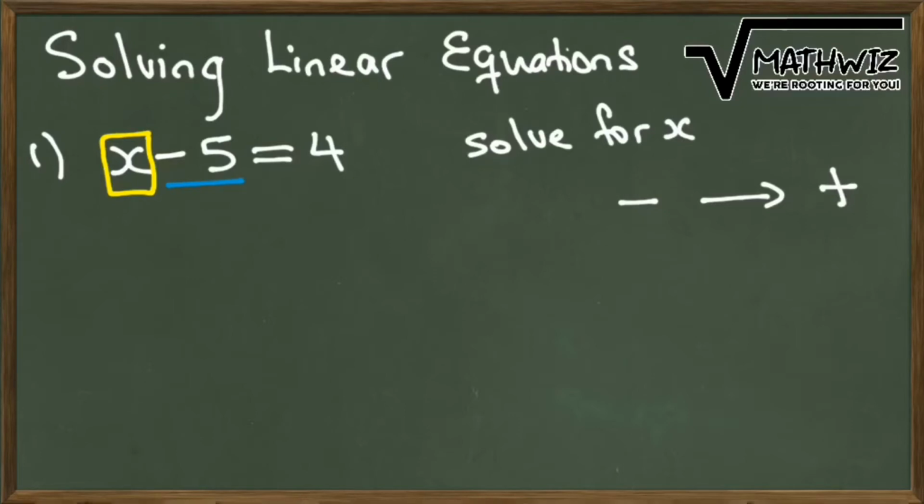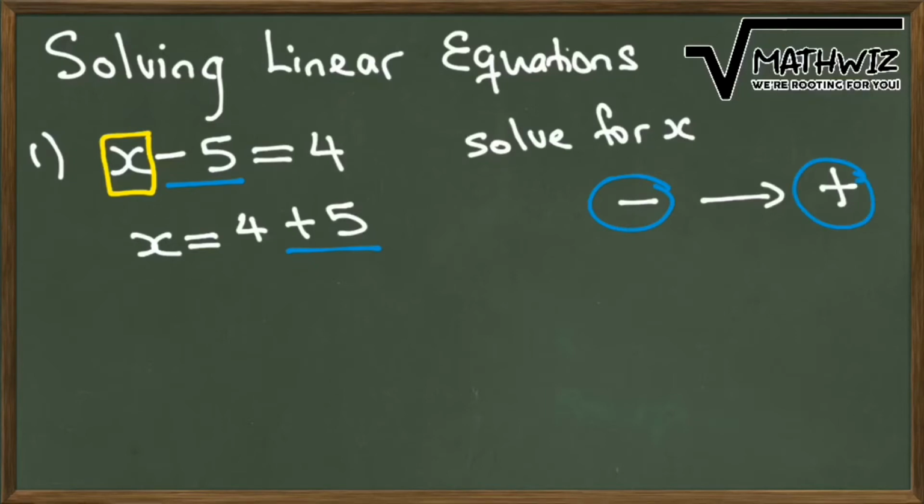So this minus 5, when we take it across, because I want to remove it from beside the x, I have to put it over the other side. So a minus 5 will become plus 5. So that's what I meant by minus becomes plus.